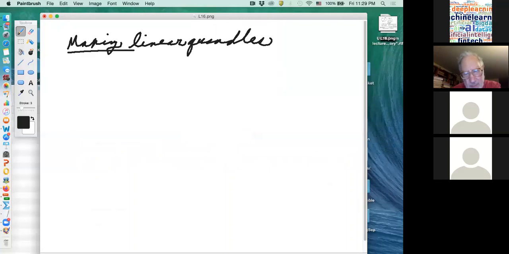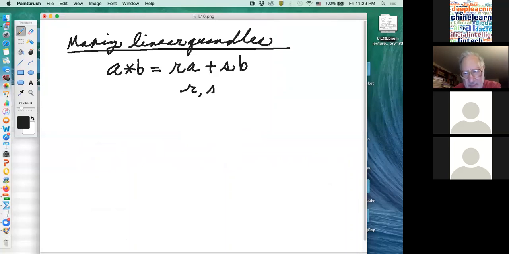And what I mean by a linear quandle is that the operation A times B would be equal to RA plus SB, where R and S perhaps are elements of a ring, well, let's say of the integers, and A and B belong to some module.